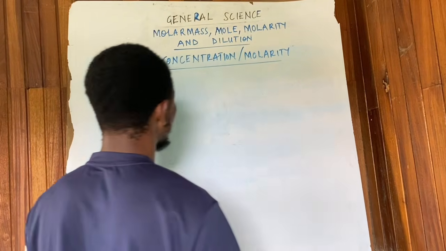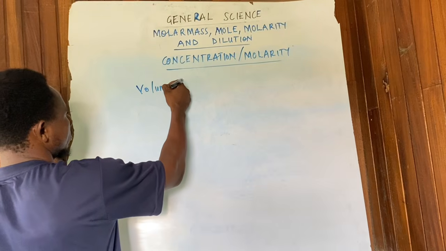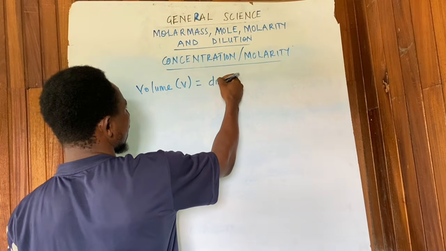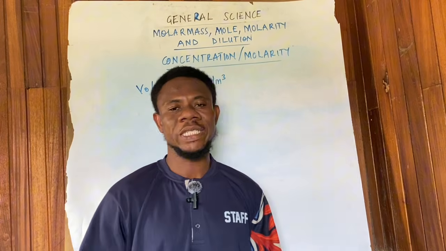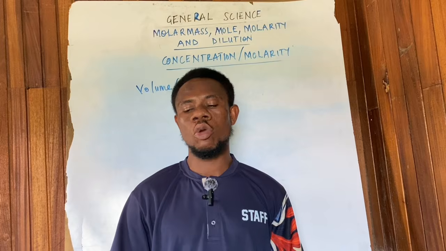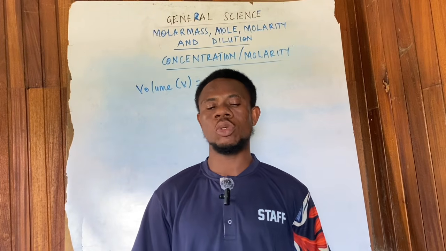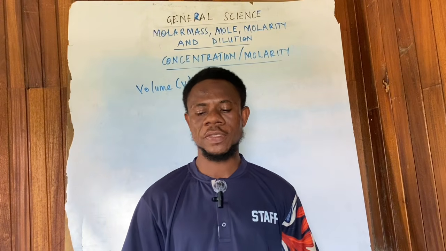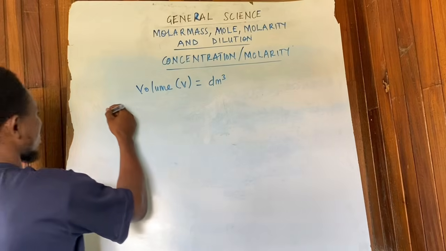This means our volume, which is V, should be in dm cube. Now, to calculate molarity, we use the equation: molarity or concentration is equal to our amount of substance over our volume.